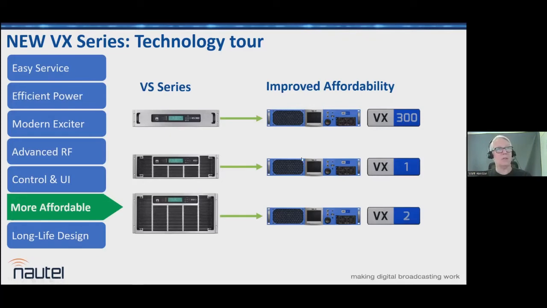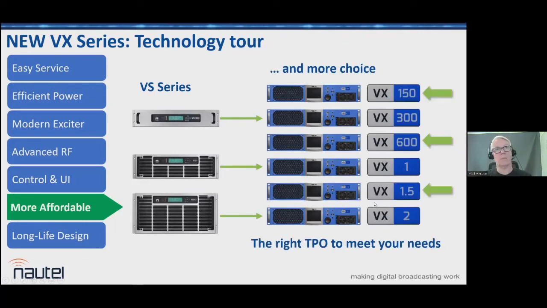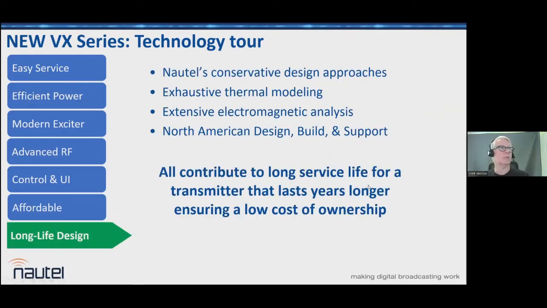Then compare the VS 2.5 to the 2, which is not quite an accurate comparison. We've also added a number of new models, so 150, 600, and 1.5, which allows you to pick the right power level. If you want something in the 500 watt range, you'd pick a VX 600, for instance. So you get more choice as well as affordability.